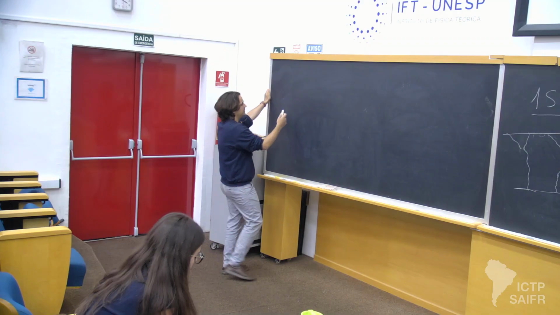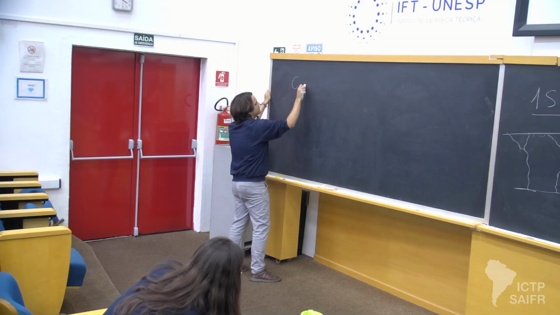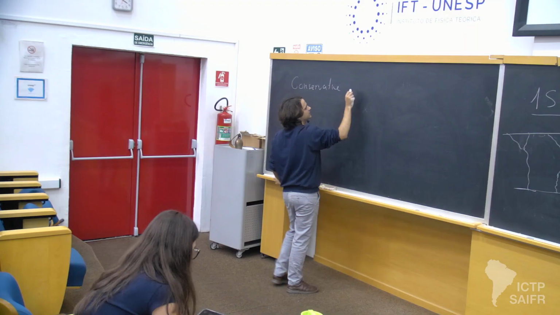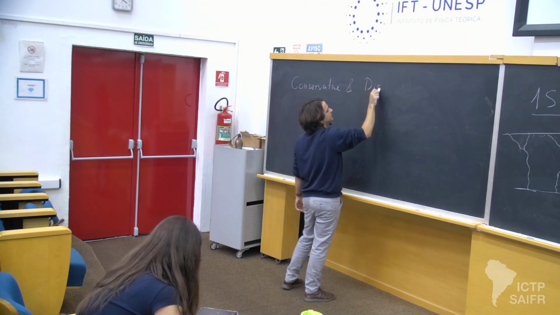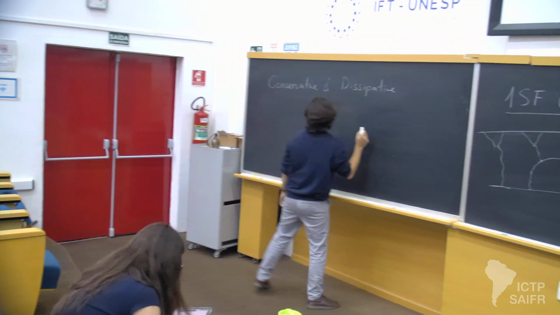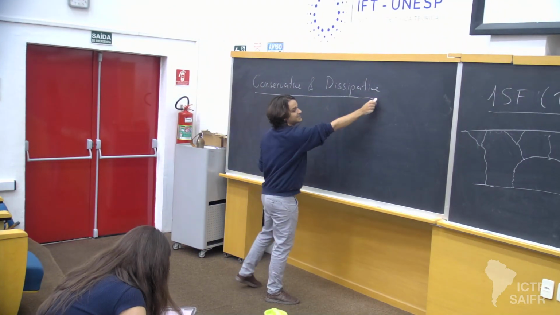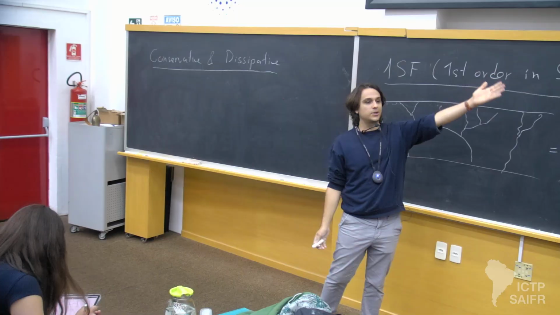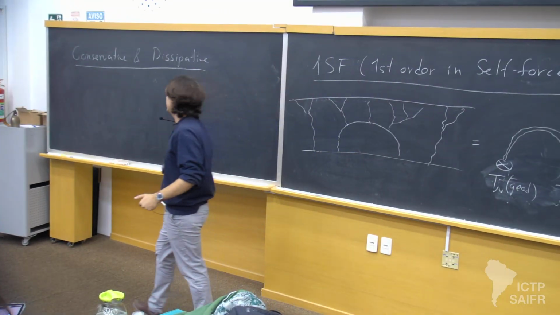But I would like to understand what is conservative and what is dissipative. So essentially, I want to understand where the inelasticity begins, which should have something to do with graviton emission, or gravitons going on shell.